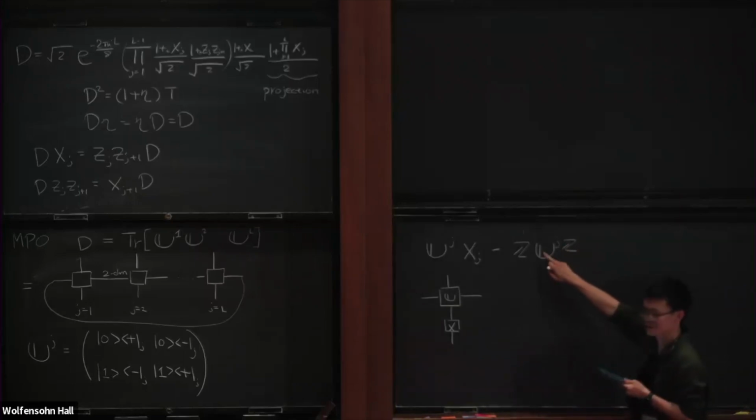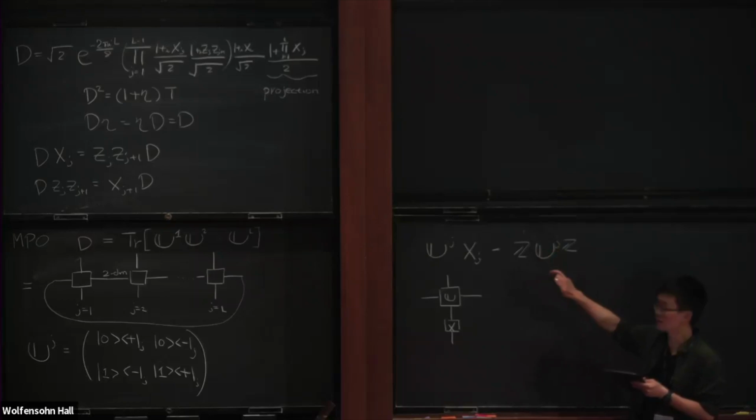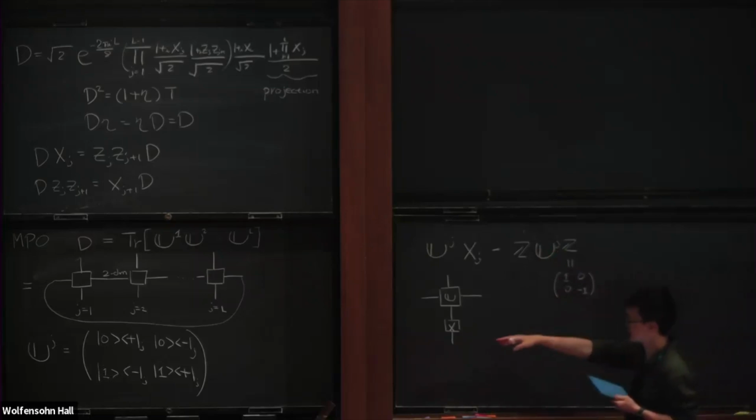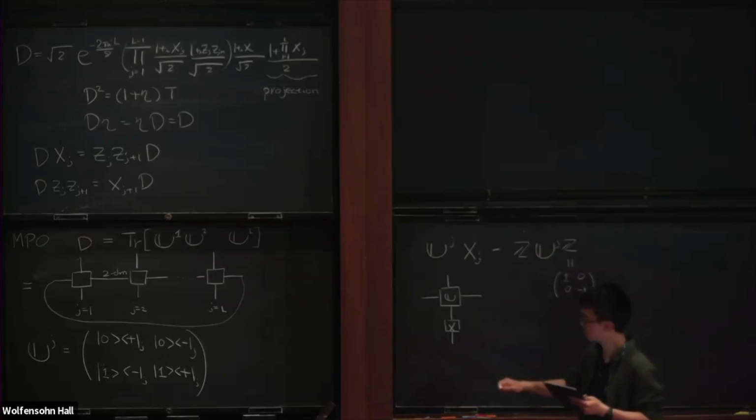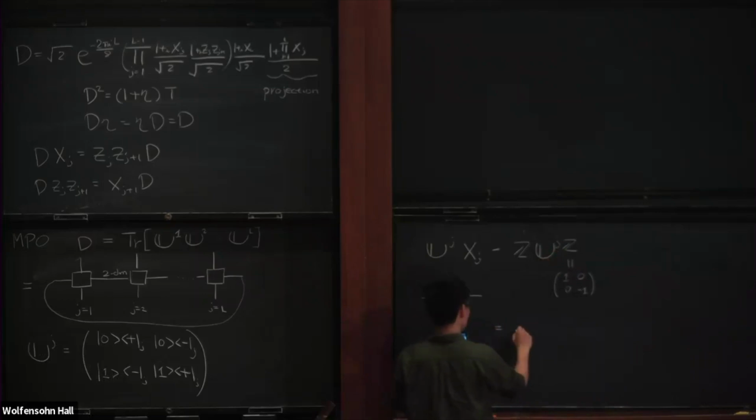So everything in this blackboard font is in the bond dimension. So this is a Pauli Z in the bond dimension. So that's just saying that this is 1, minus 1, 0, 0. Okay. So it's just a simple identity you can derive from the definition of U. But this means that this diagram equals this.